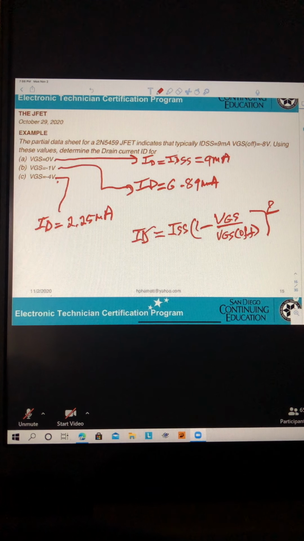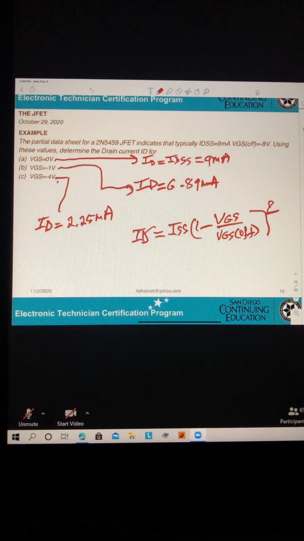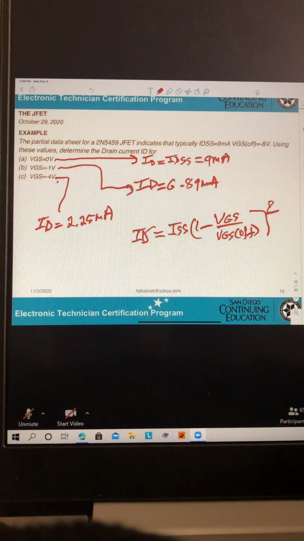Are we going to learn about troubleshooting the JFET? Eventually.